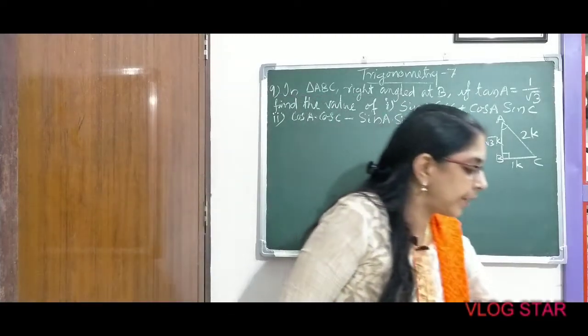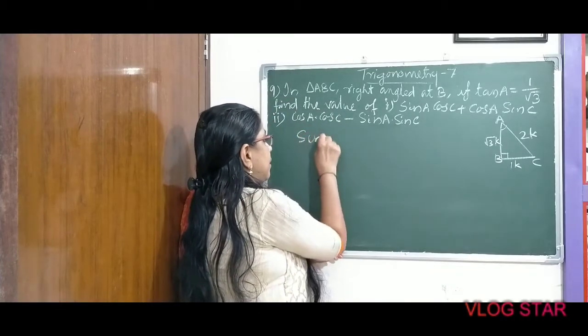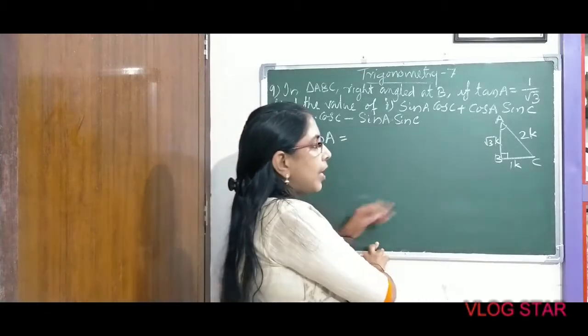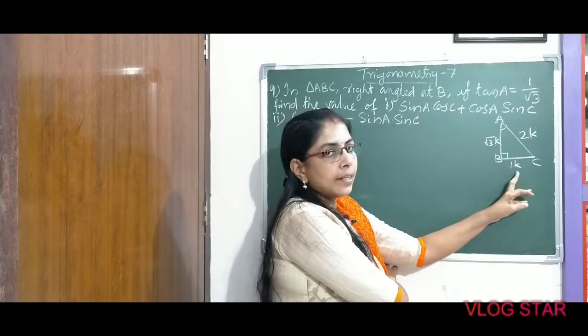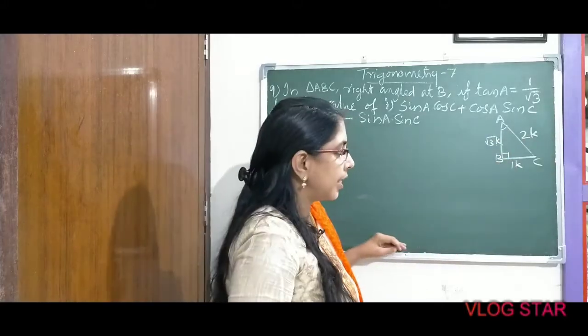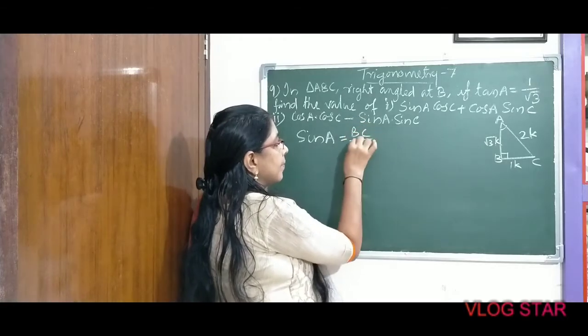First ratio, we have to find sin A first. Sin A is equal to, we know that sine of an angle is opposite side of that angle upon hypotenuse. Here it is BC upon AC.